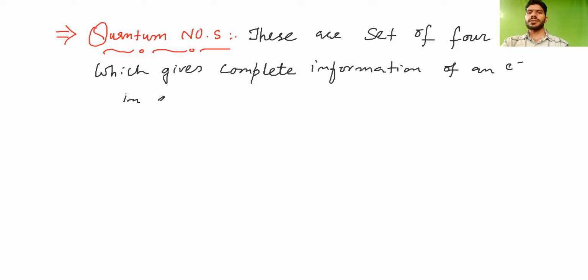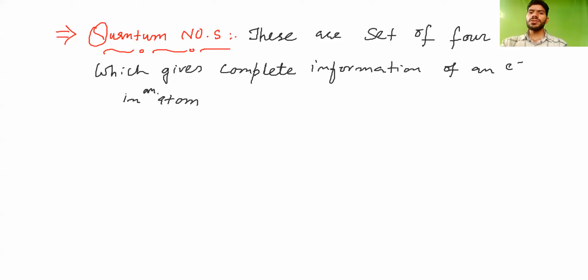That means what is the energy of an electron, what will be the size of the orbital in which this electron is present, what will be the orientation of the electron, what will be the spin of the electron. Each and every piece of information is hidden in these four quantum numbers.